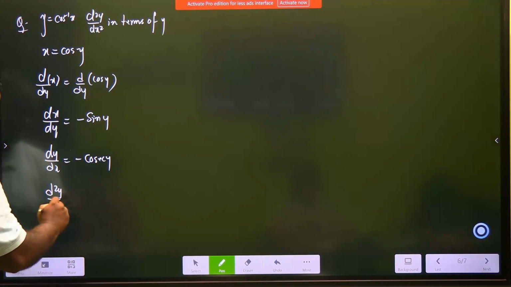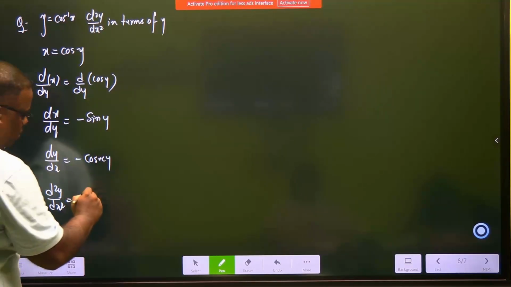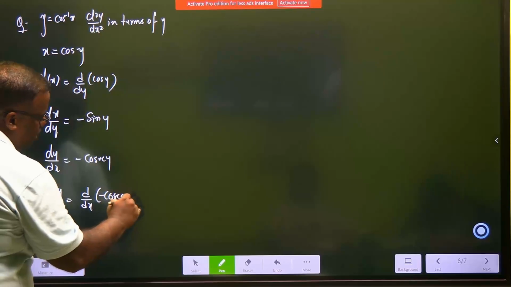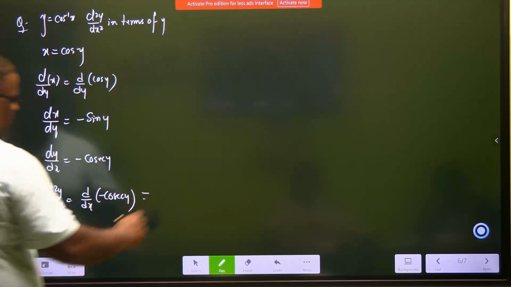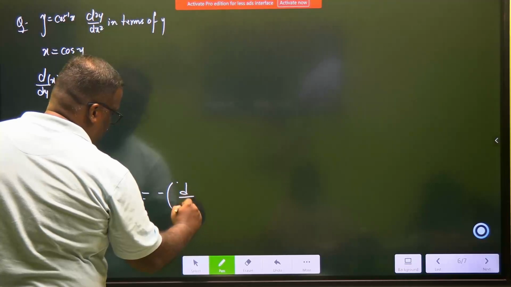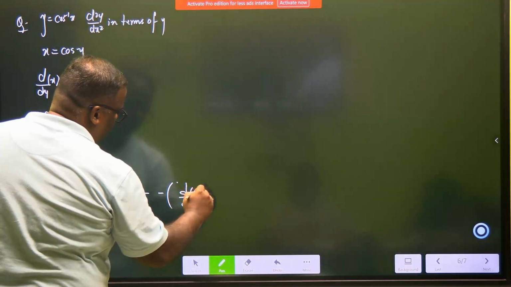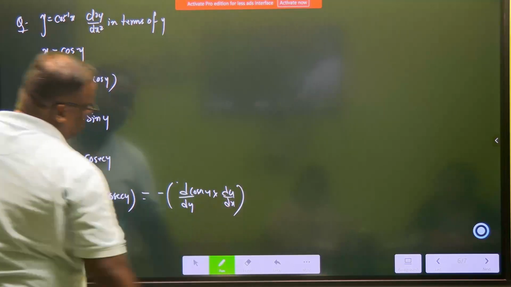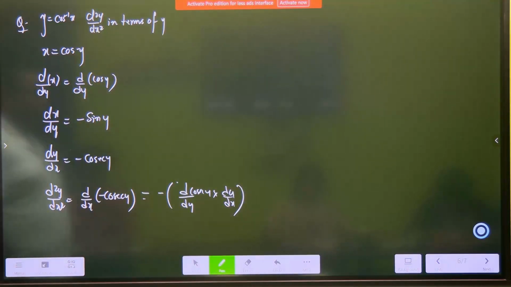d2y/dx2 is equal to d/dx of minus cosec y, which is, take the minus out, d/dy of cosec y into dy/dx.